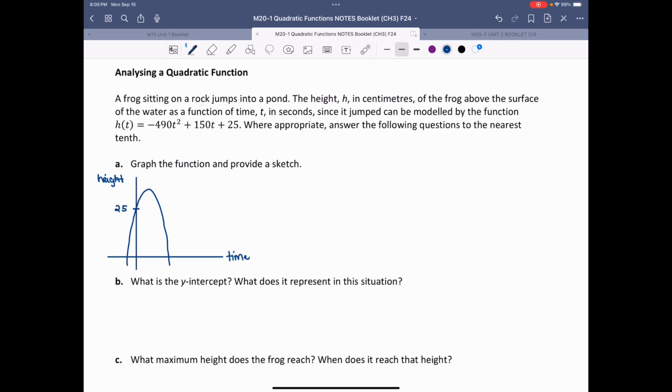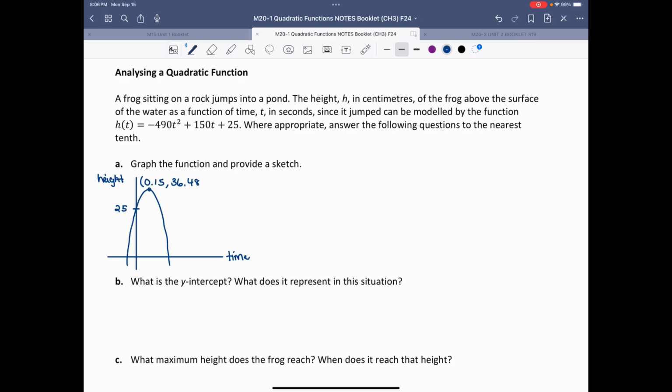Let's use the calculator to find our vertex. So F5. It's a max, so F2. And it is at 0.15 and the y value of 36.4.